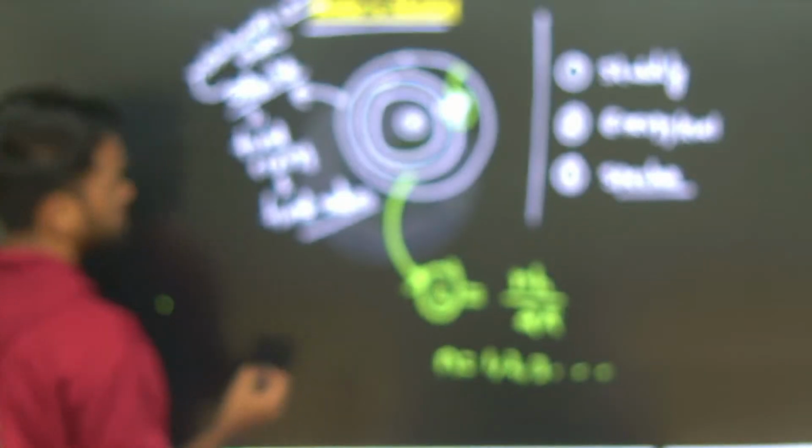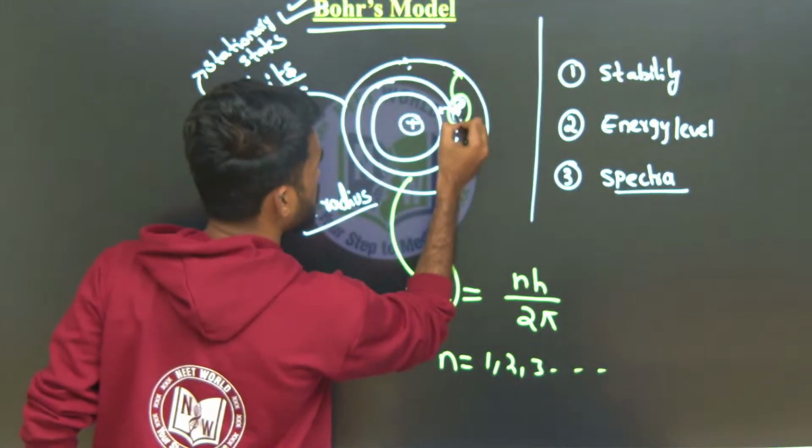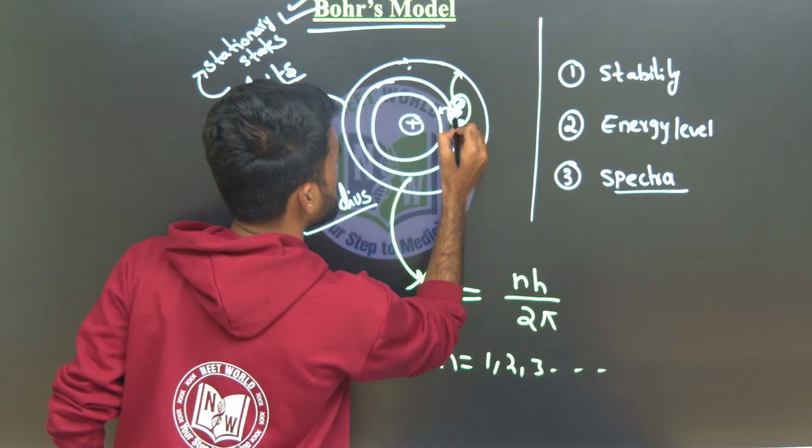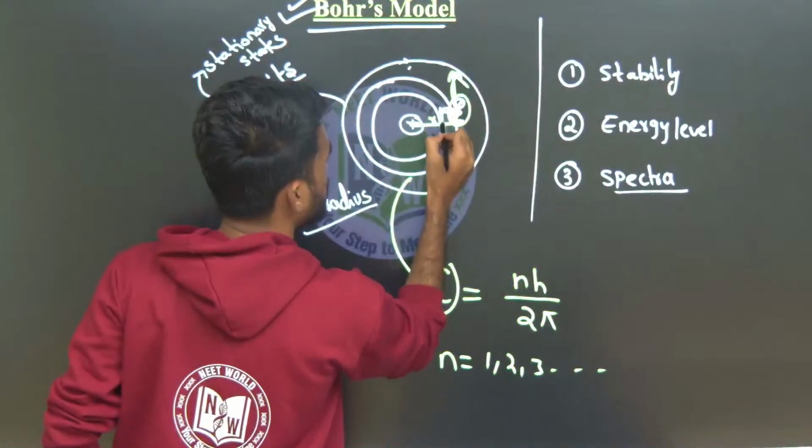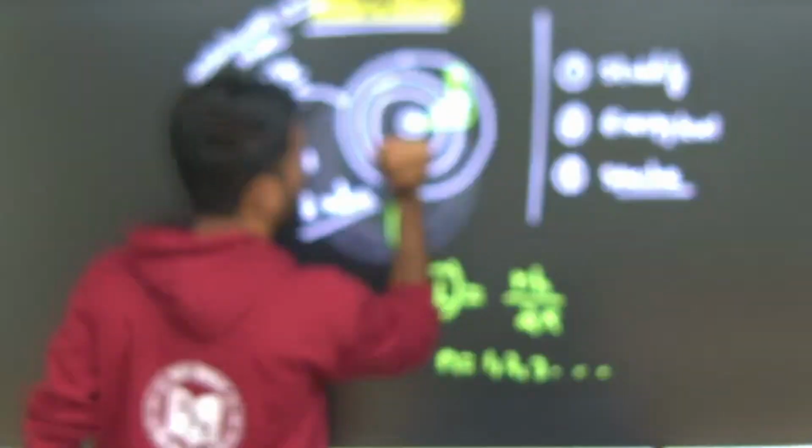Now how can we take the angular momentum for these circular orbits? See, if the electron is revolving here, moving in this direction at a distance r from the nucleus, having some theta here. So what is the theta here? 90 degrees, right?